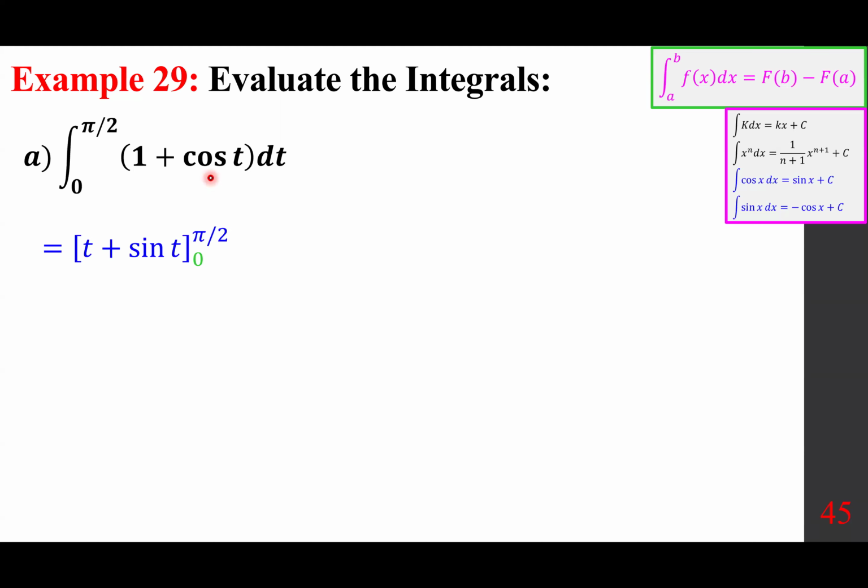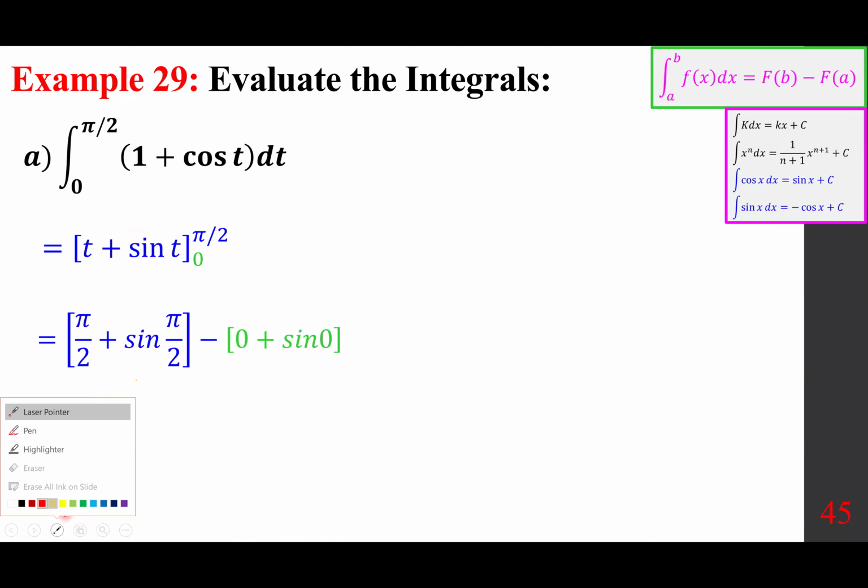Plug in pi over 2, you get pi over 2 plus sine of pi over 2, minus plug in 0. Sine of pi over 2 is 1, sine of 0 is 0. So simply you get pi over 2 plus 1, which is exact.